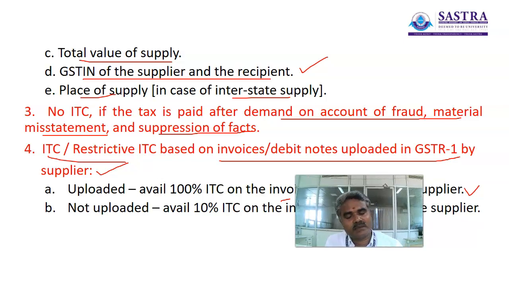Suppose it has not been uploaded 100%; once you upload 100%, avail 100% benefit. Suppose you applied but you have not uploaded; once you complete the uploading process, avail 100%.